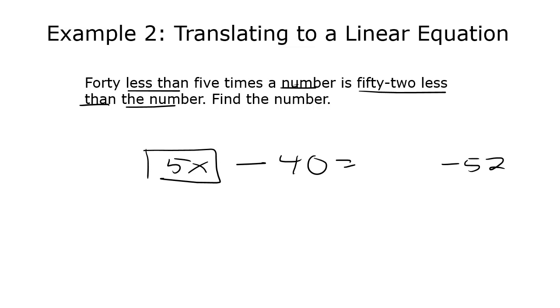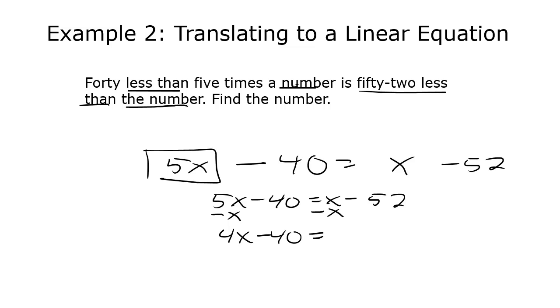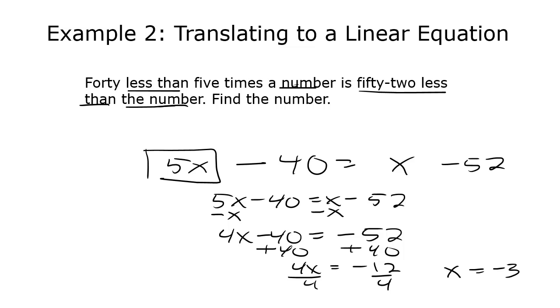It's the same number, so it's x again. So we've got 5x minus 40 equals x minus 52. Of course, subtract x from both sides: 4x minus 40 equals negative 52. Add 40 to both sides, and 4x equals negative 12. Divide by 4, and x equals negative 3.